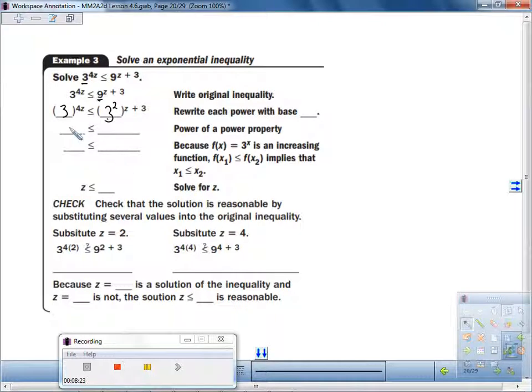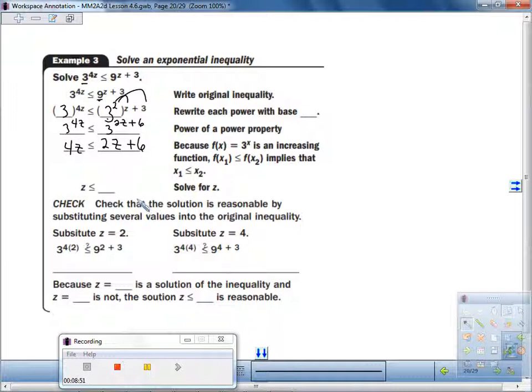Okay, and so what we end up with here is 3 to the 4z power is less than or equal to 3, I'm going to go ahead and distribute this, to the 2z plus 6 power. So we're going to end up getting rid of our bases so that we have 4z is less than or equal to 2z plus 6.